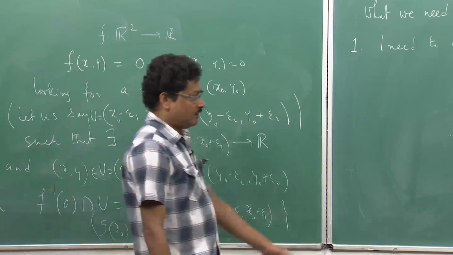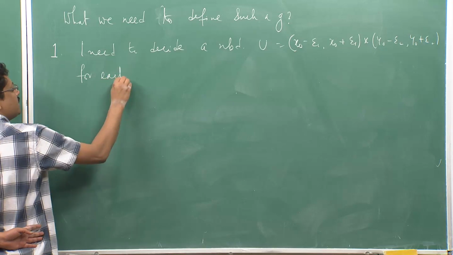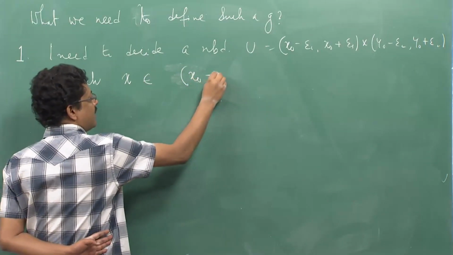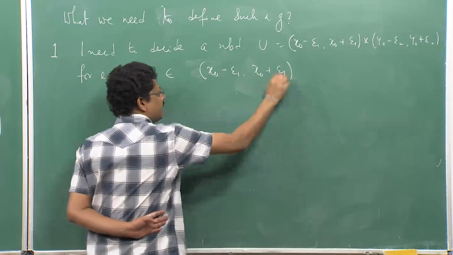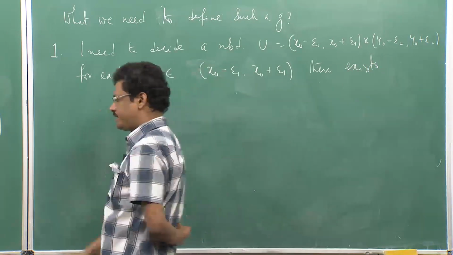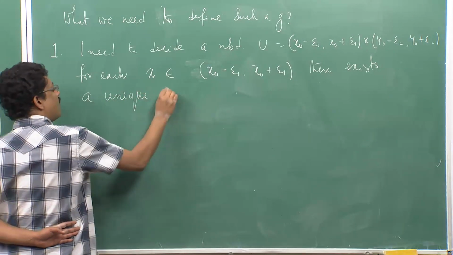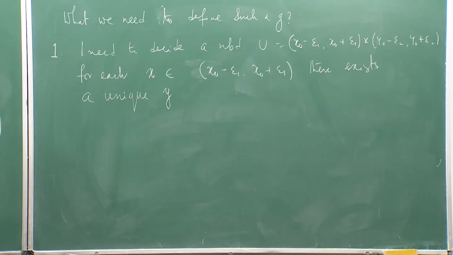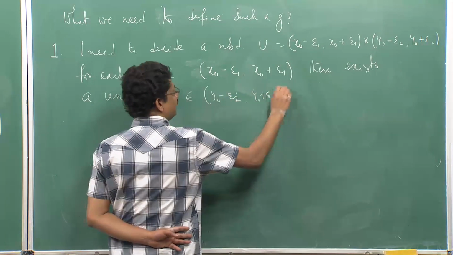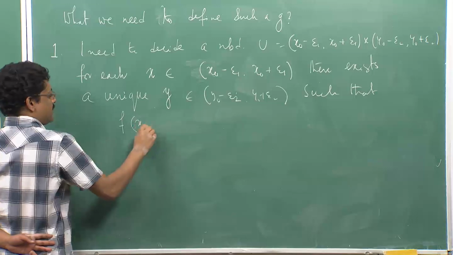So, I need to decide a neighborhood U such that for each x there exists a unique y, this is the part where G is a function, such that f of x y equals 0.